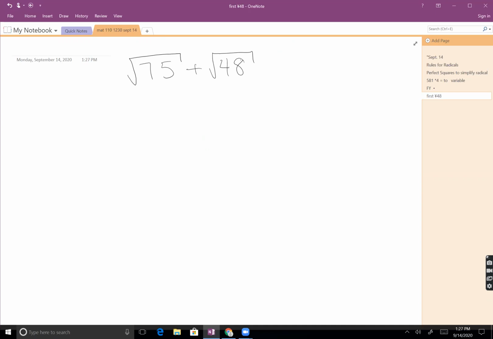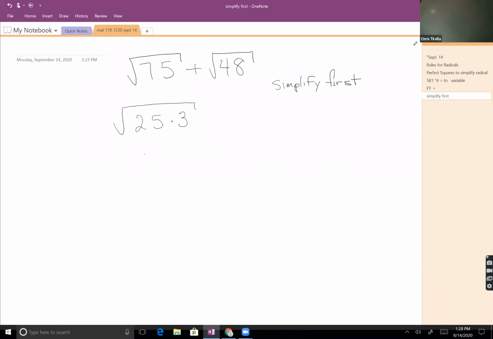Yeah, but don't walk away from the problem and say it can't be done yet, because what we have to do is simplify first. That would be too easy if we could just say they're not like. So let's look at the square root of 75. How does that simplify? What number goes into 75 evenly that is a perfect square? 25. So that's 25 times 3, and the square root of 25 is 5, so we get 5 times the square root of 3.